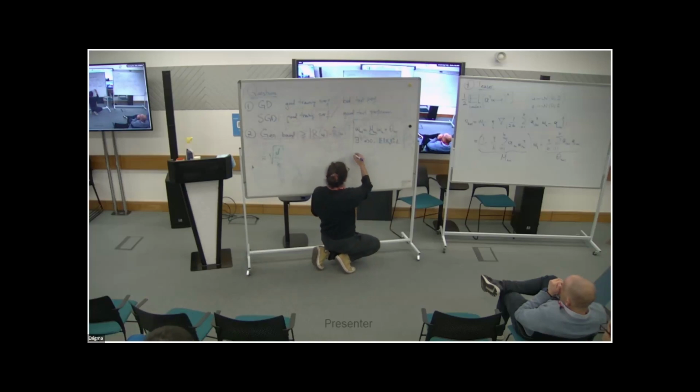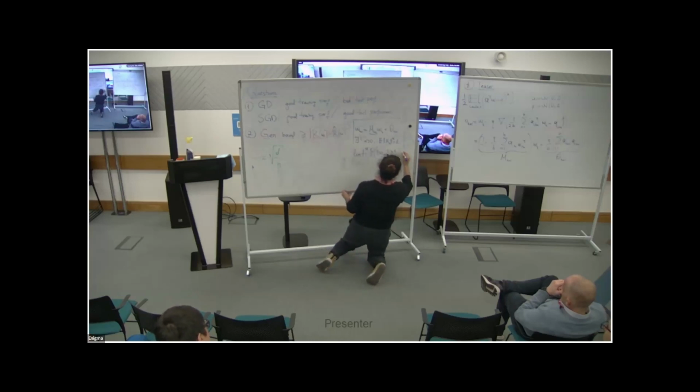And the limit of T to the alpha times the probability that the norm of W infinity is larger than T is non-trivial.